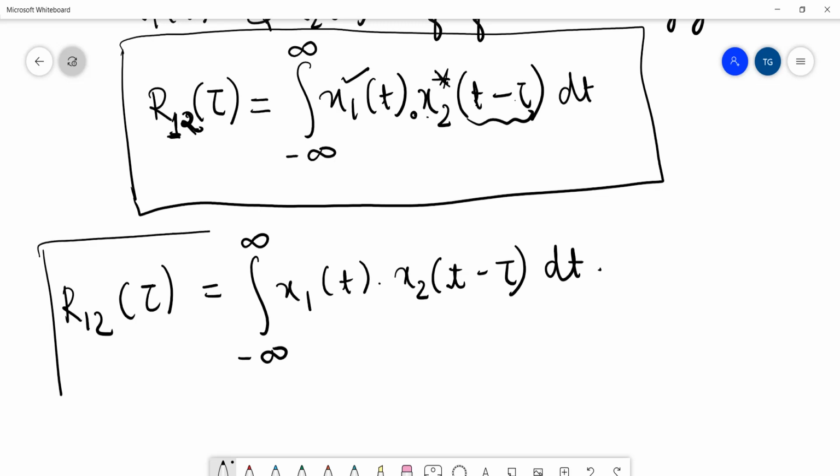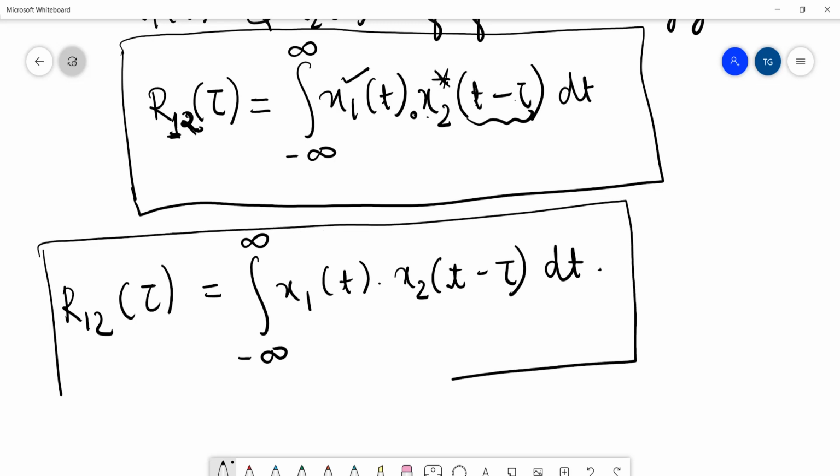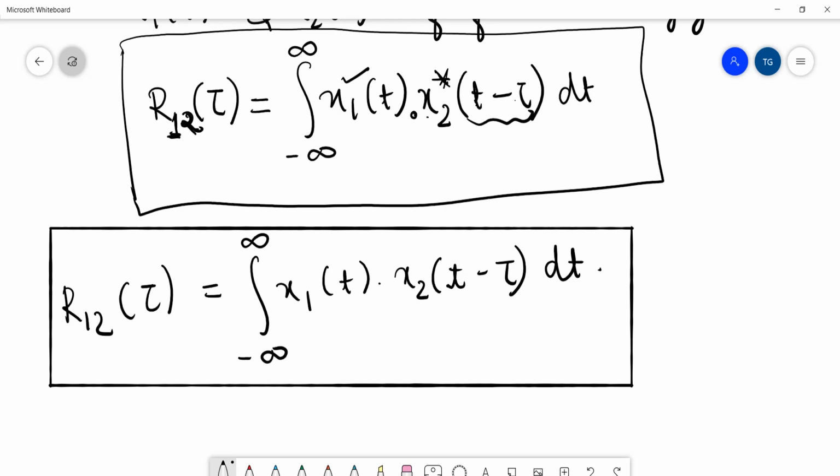The complex conjugate is needed only for complex signals, and this form is for real signals.